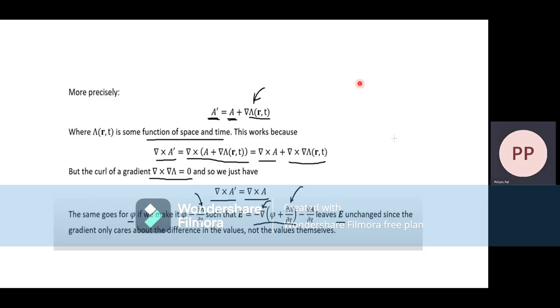More precisely, if we take our, like, this should actually be bold, I mean the A prime vector potential.